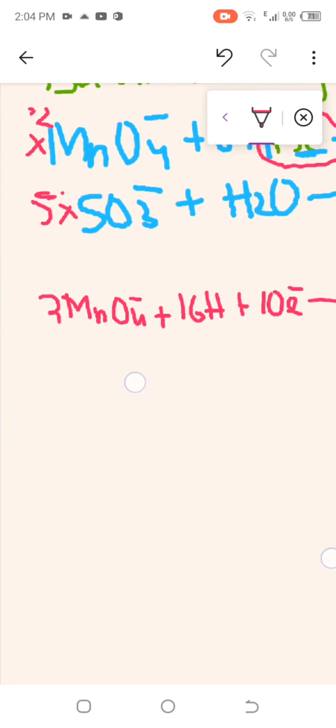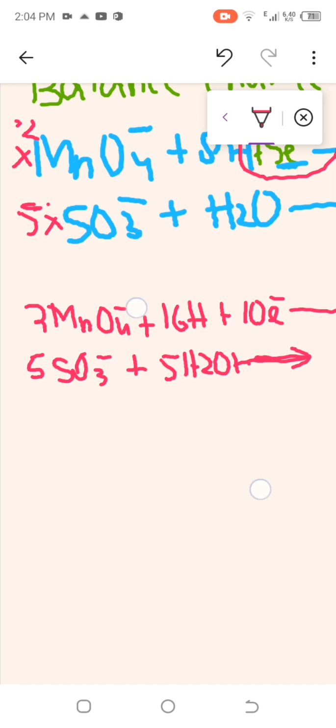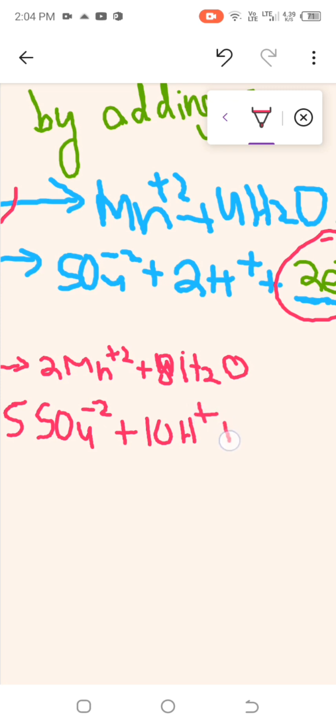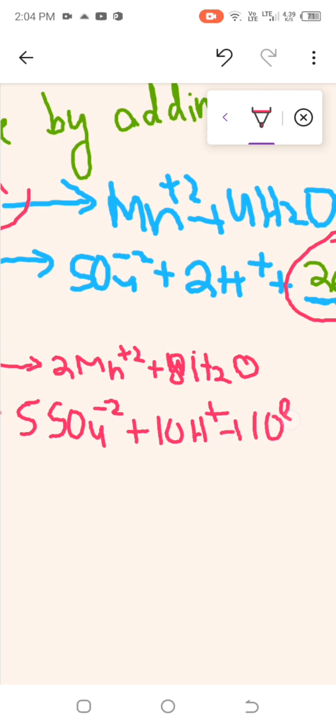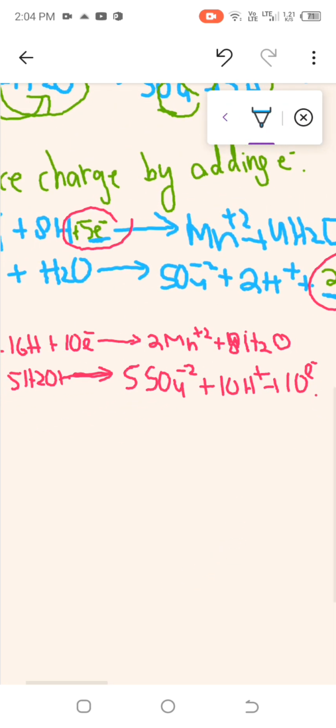Second equation we have to multiply by 5, so it will be 5SO3 2 minus plus 5H2O goes to 5SO4 2 minus plus 5 2s are 10 H positive plus 10 electrons. So now you can see the electrons are equal: here we have 10 electrons, same here we have also 10 electrons.